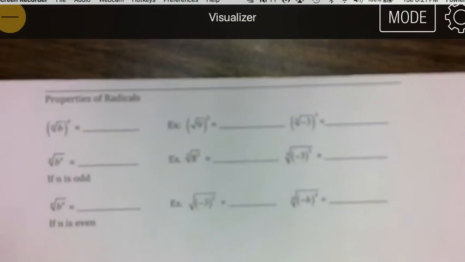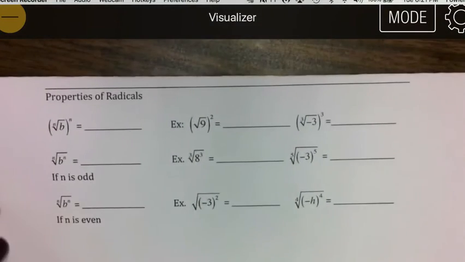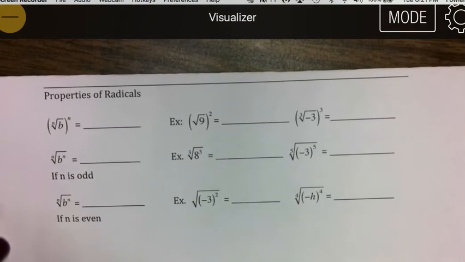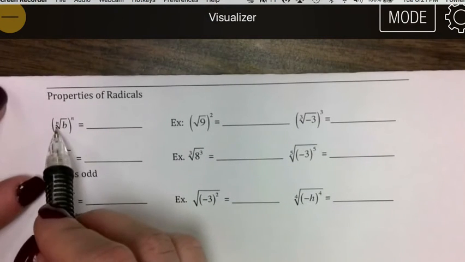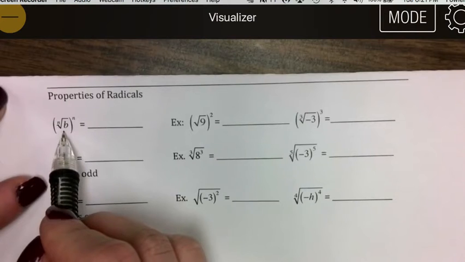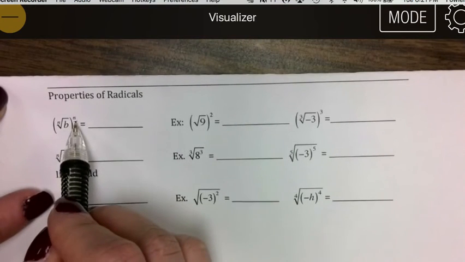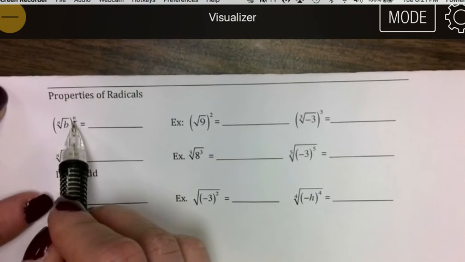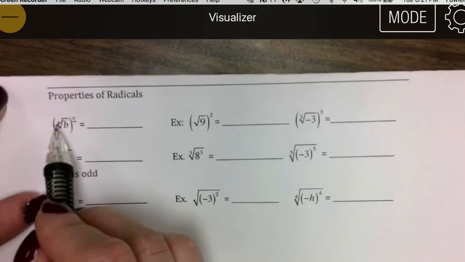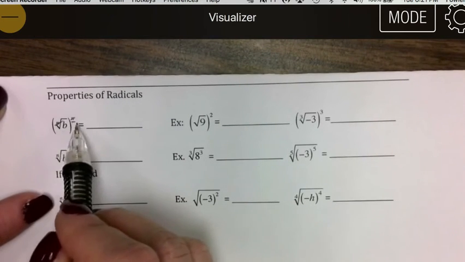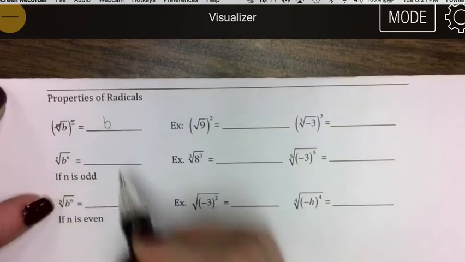These are some properties that are pretty important to grab a hold of. If you have the nth root of b raised to an outside nth power, we can take the shortcut: this nth root and this n cancel each other out and just give us b.